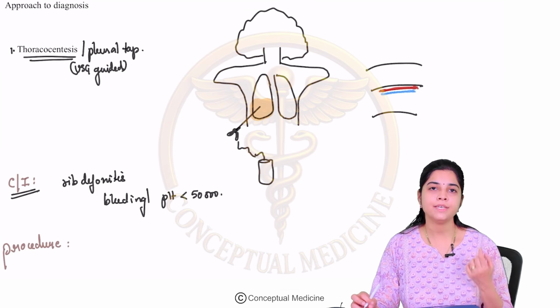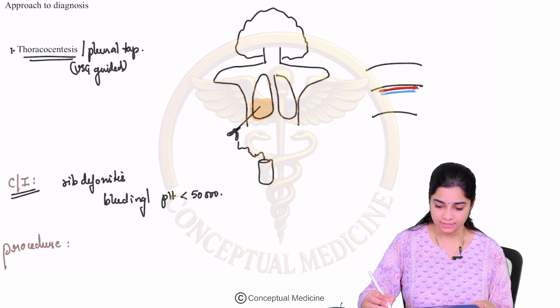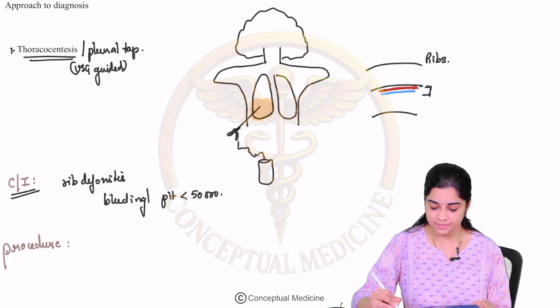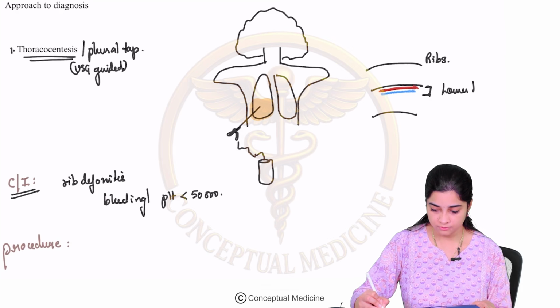Okay, and always remember from your basic anatomy that, if these are the ribs, the vasculature is usually present in the lower border of the upper rib, right?